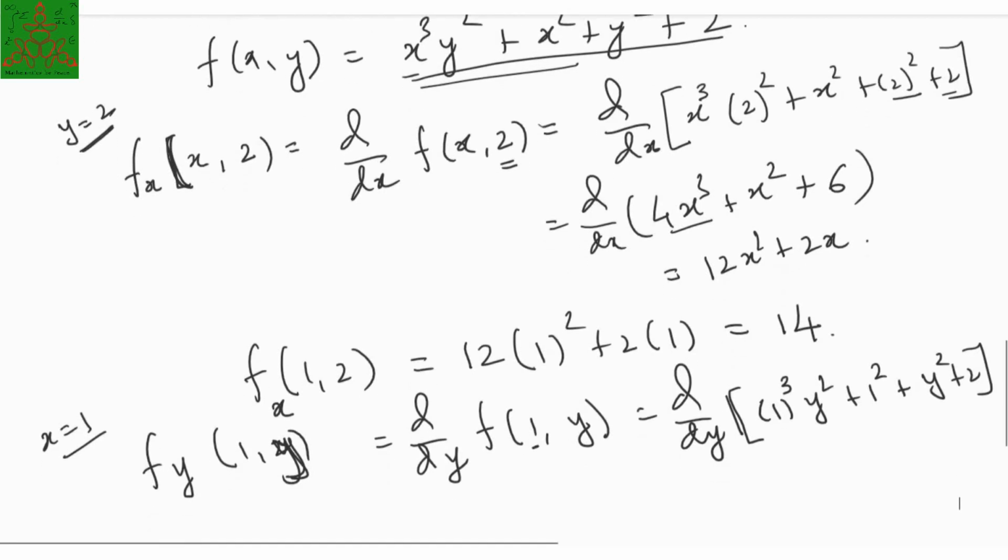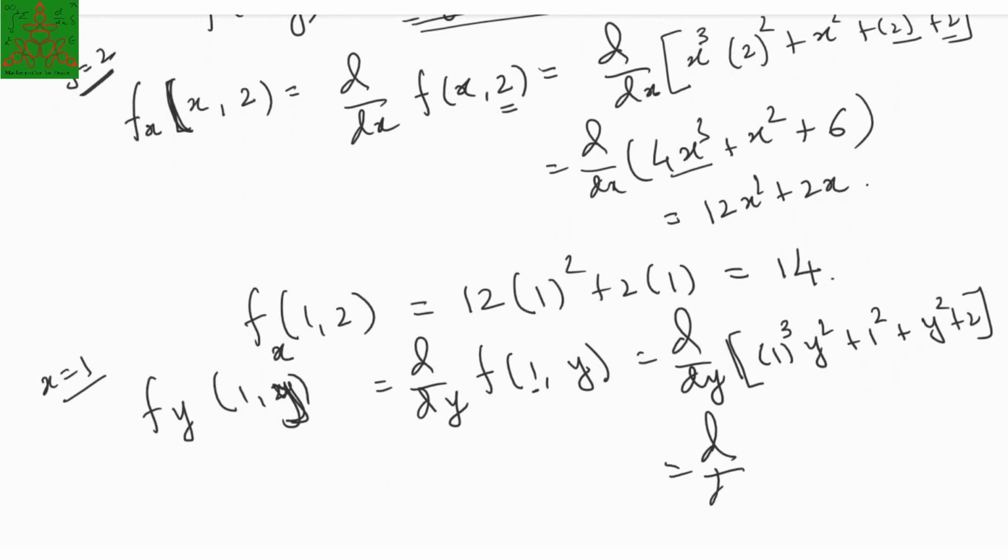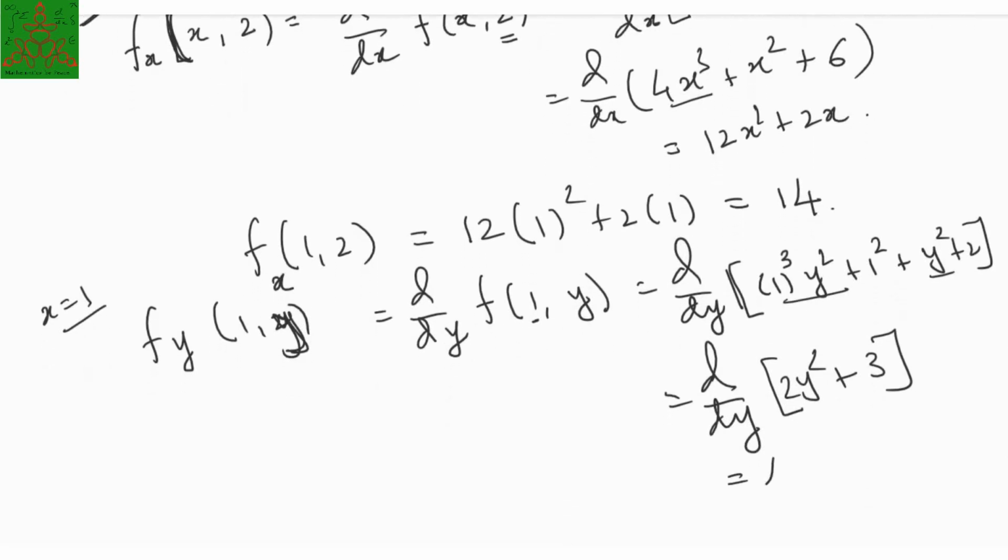If you simplify, this will be y square plus y square, 2y square plus 3. Now the derivative of this will give you 4y, and at point (1, 2) the answer is 8. So that is keeping one variable fixed and taking the derivative.